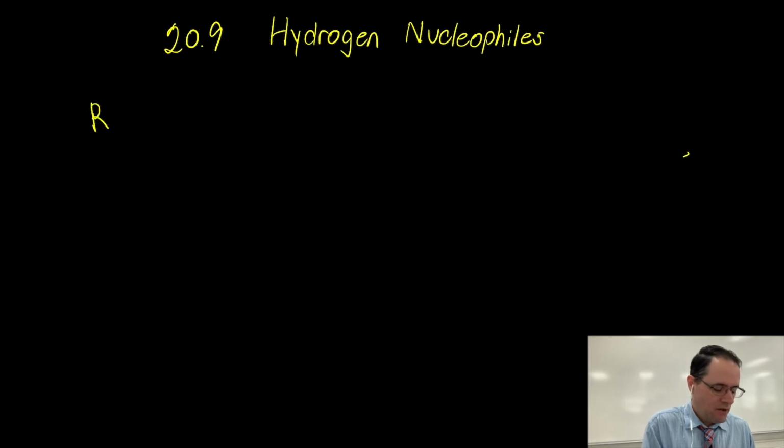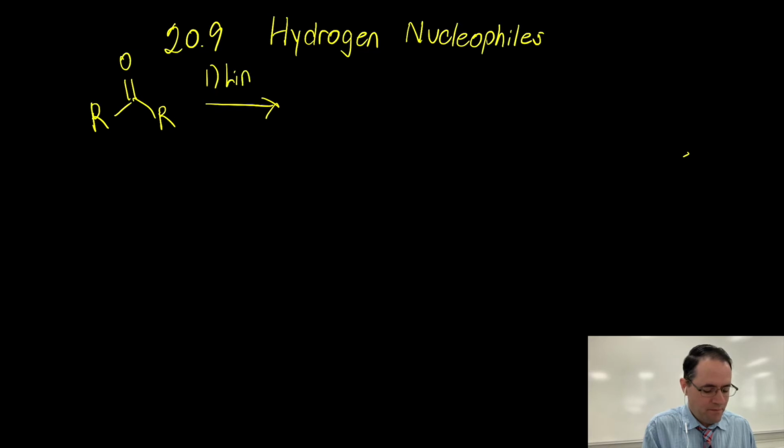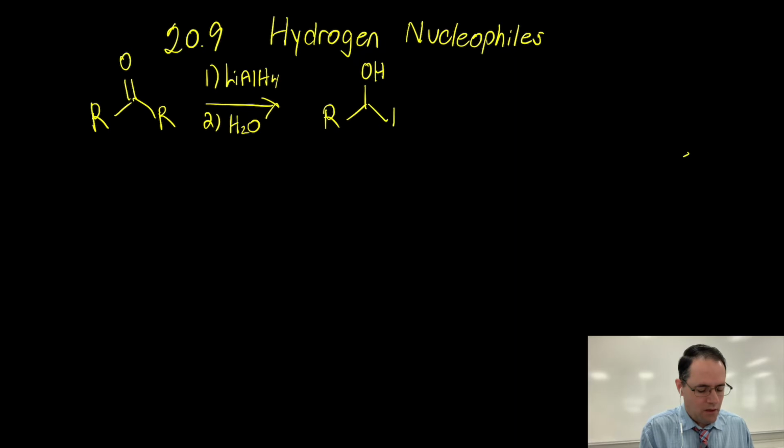If you have a ketone, this ketone can be converted to a secondary alcohol with either lithium aluminum hydride or sodium borohydride.